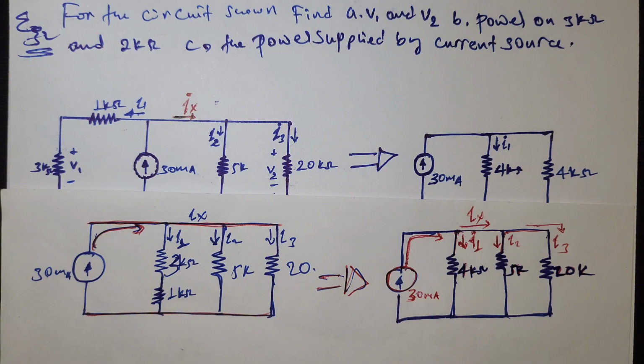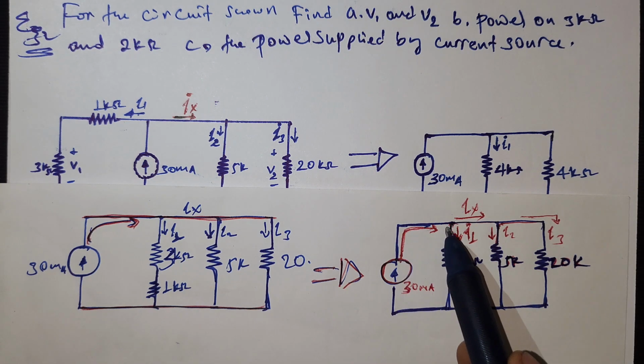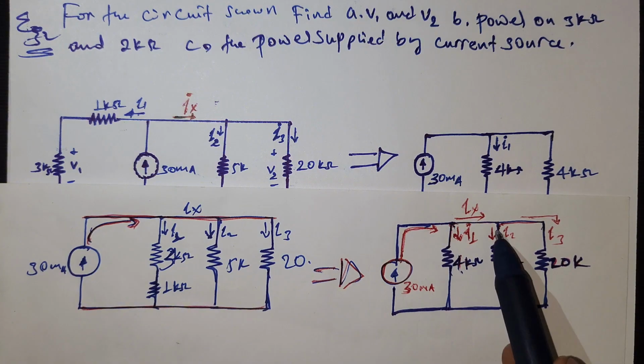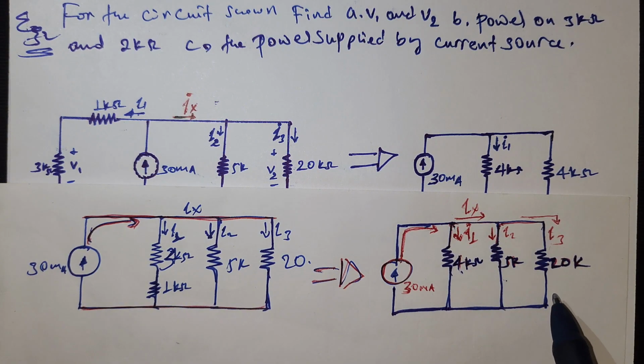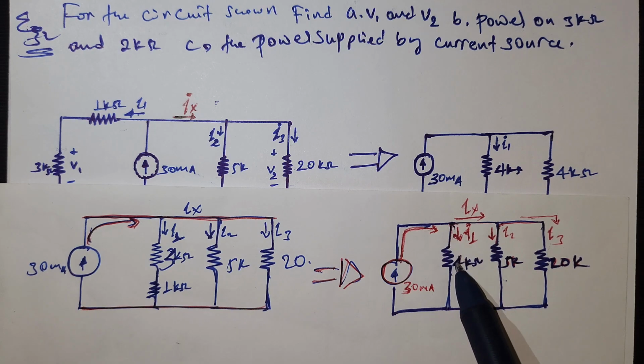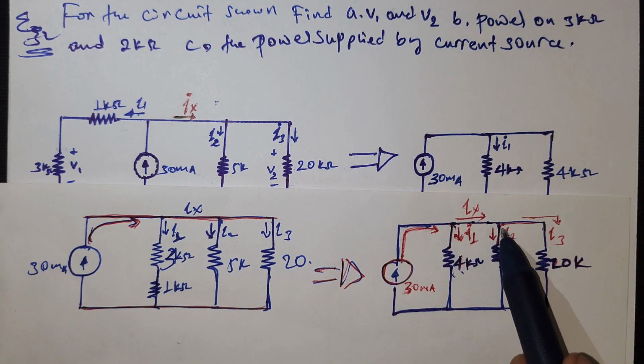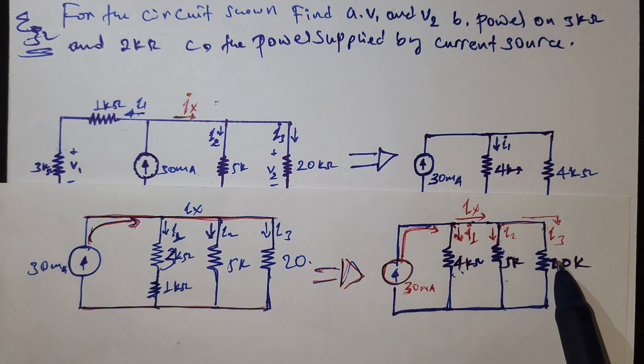First, we need to solve the current. Assuming this as a closed path, we can use Kirchhoff's current law, which says this current is divided across this branch and this branch. First, the 30 milliampere goes to this one and is divided into I1 and IX. IX is also divided into I2 and I3.